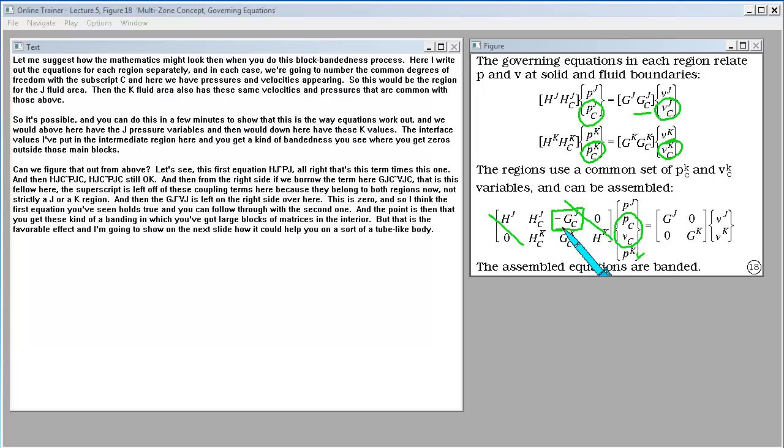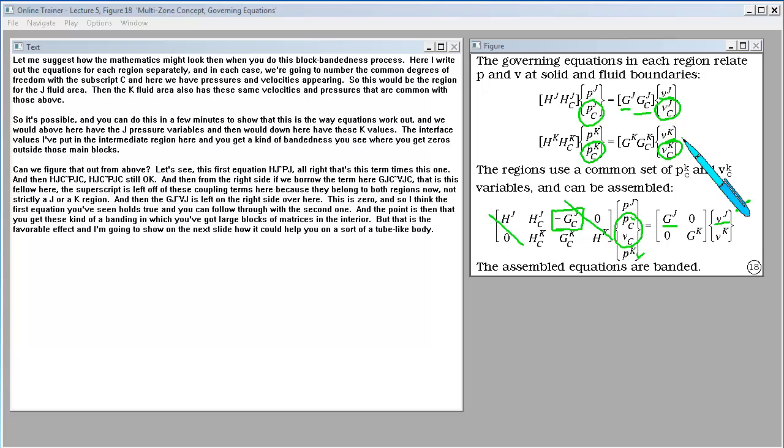The superscript is left off of these coupling terms because they belong to both regions now, not strictly a J or a K region. And then the Gj, Vj is left on the right side over here with the 0. And so I think the first equation holds true, and you can follow through with the second one.